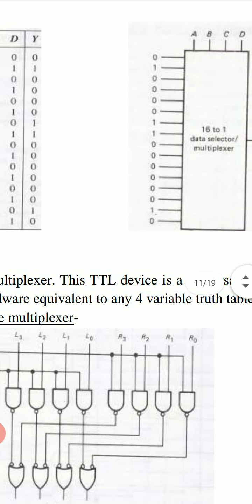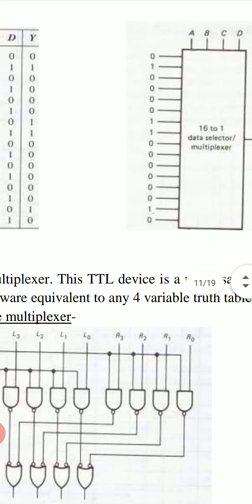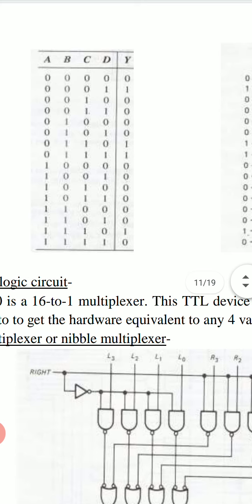So a 16 to 1 data selector can be used as a logic circuit which produces a truth table like this.